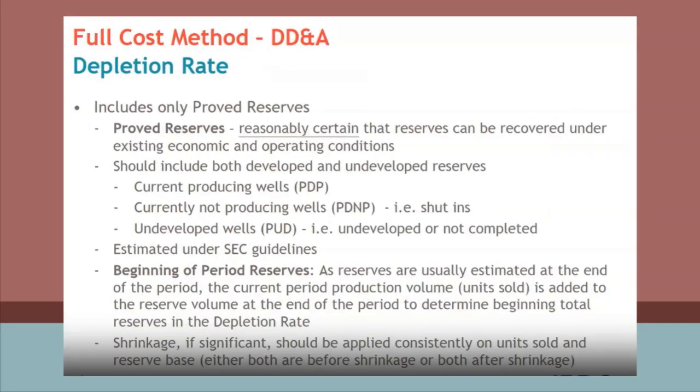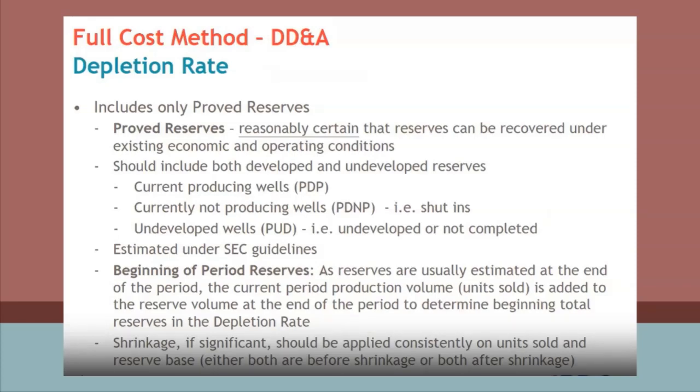Okay, so now we're going to do a bit of a deep dive into these components, you guys. So depletion rate, which again is here. We're going to go into the beginning of period reserves, and then we're going to get into the depletable base. So first up, depletion rate. This includes only proved reserves, okay?